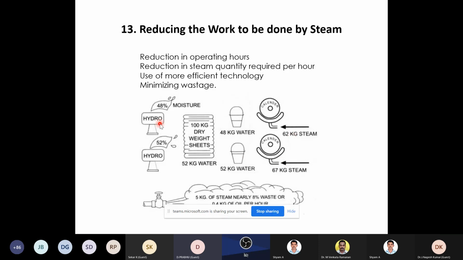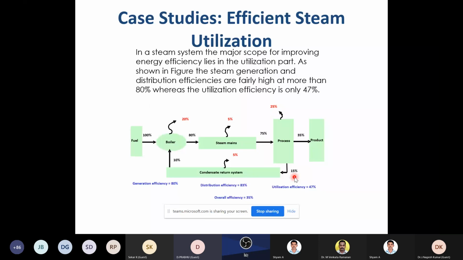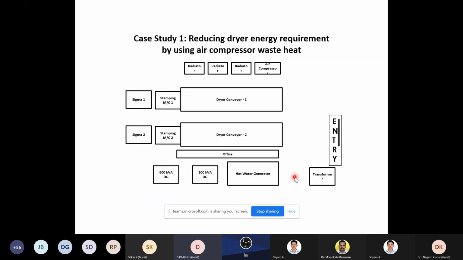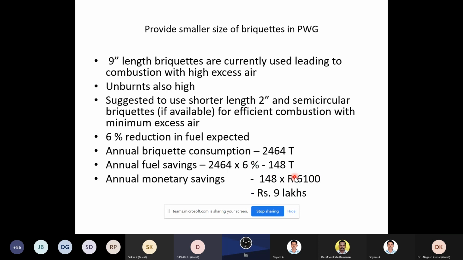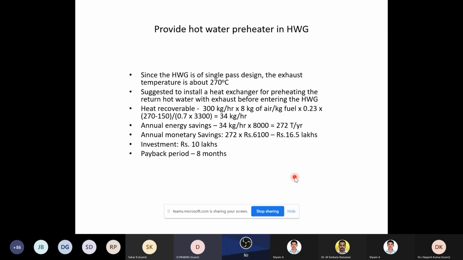In this case, 48% moisture means 62 kg of steam is sufficient, whereas 52% moisture means 67 kg of steam is required. So there are a variety of ways in which we can reduce steam. Probably we can look at some simple case studies in the next 15 minutes so that you can understand.